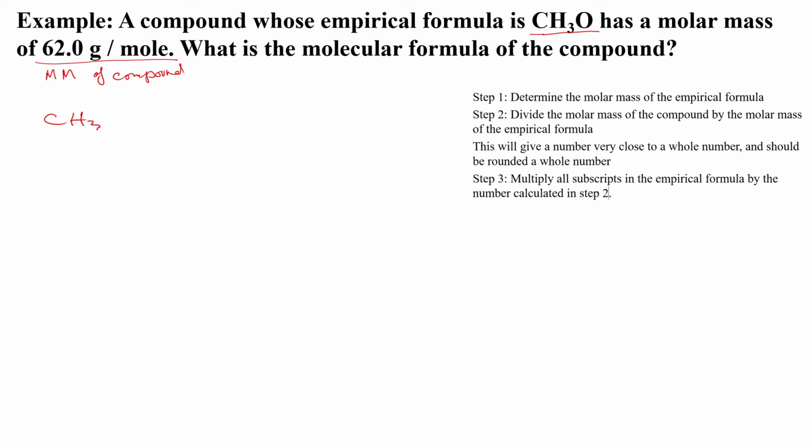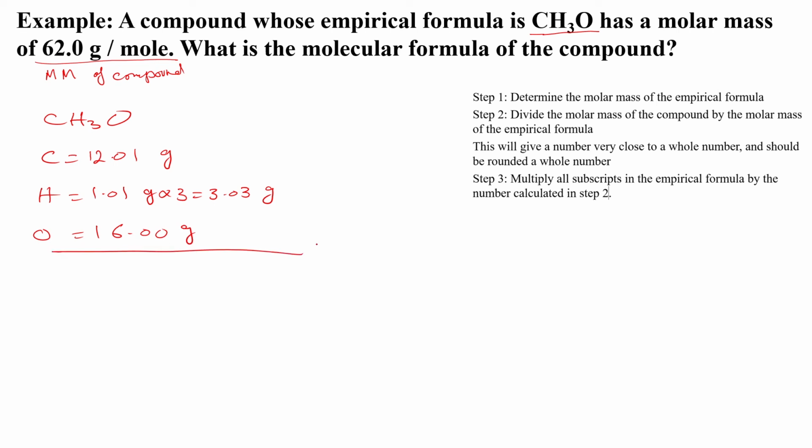Carbon is 12.01 grams from the periodic table, hydrogen is 1.01 grams times 3 will be 3.03 grams. Oxygen is 16.00 grams.